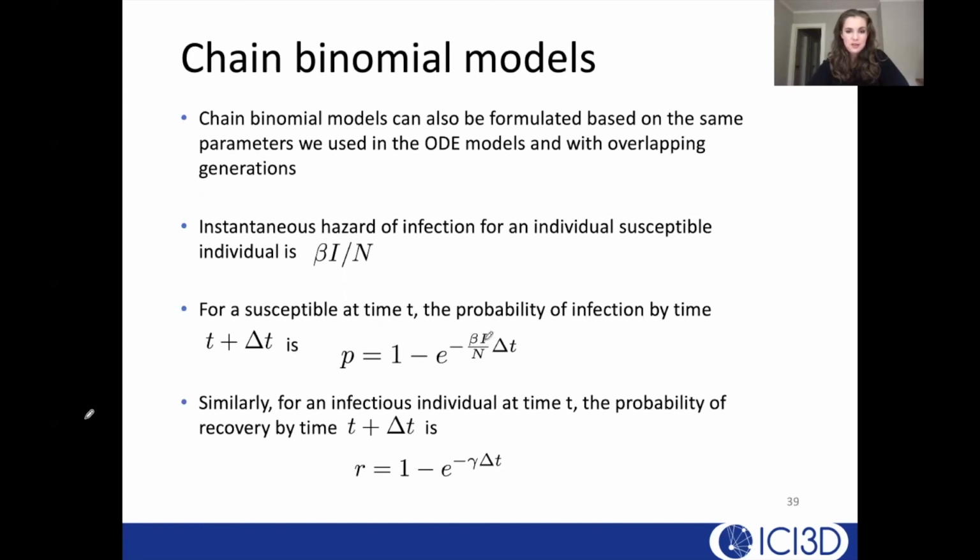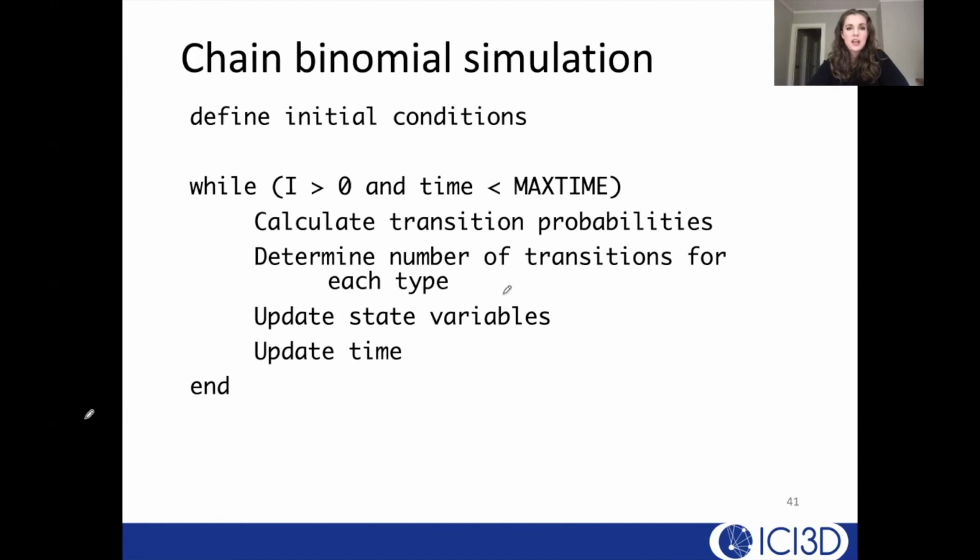So it depends on I here for the probability of infection. And then we determine the number of transitions for each type. So here, the number of infections and the number of recovery events. And then we update our state variables and update the time.